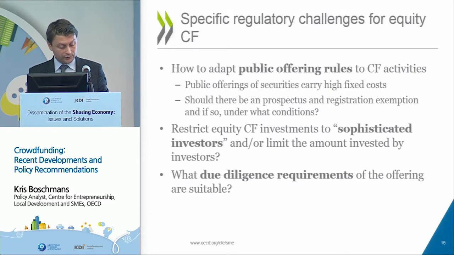There are no issuing requirements for issue volumes below 100,000 euro. Between 100,000 and 1.5 million, there are simplified prospectus rules, simplified information requirements, and for issuances above that threshold, normal prospectus rules and registration hold true.